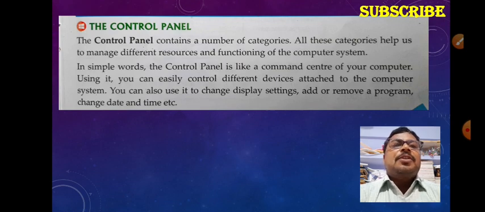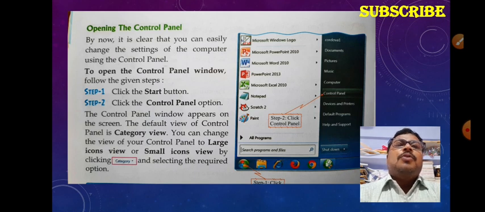Okay, now we go to the next topic, how to open the control panel. It's a very easy process. You go to the start button and then go to the control panel option. You will see that all the commands and icons in the control panel are available in a category view. That means category wise: if you need networking related commands, you go to the network section.